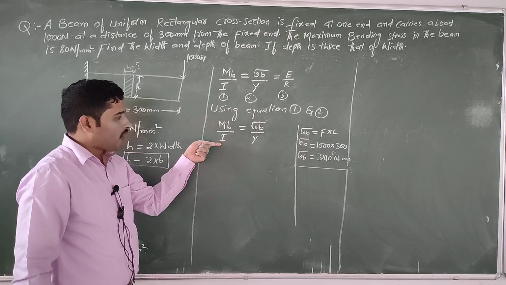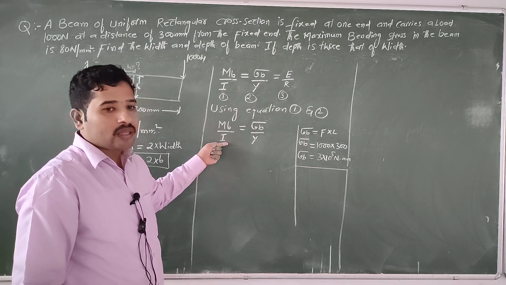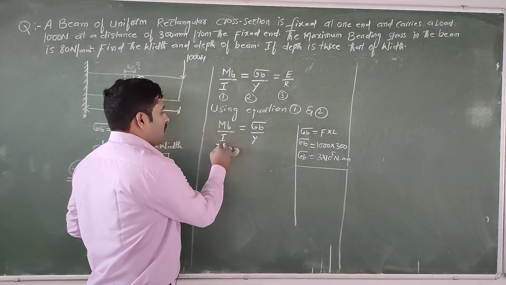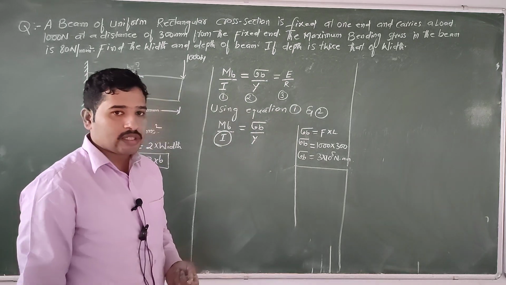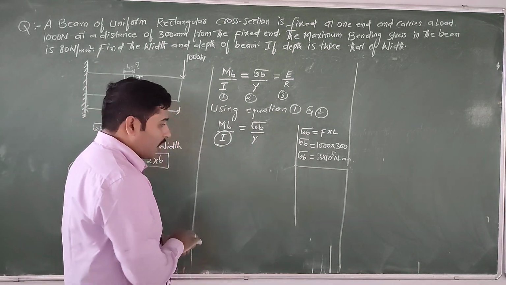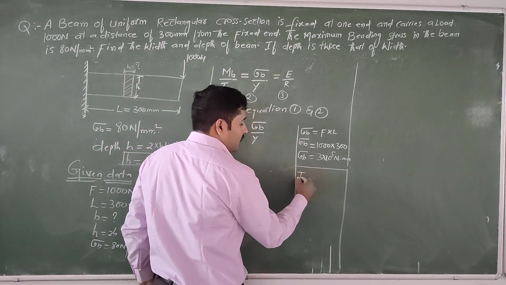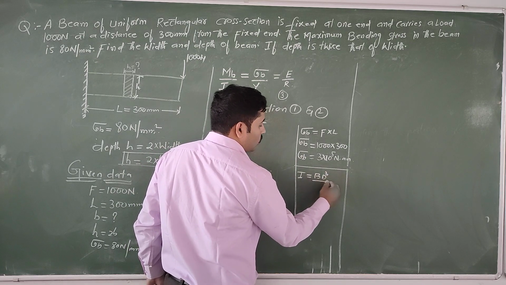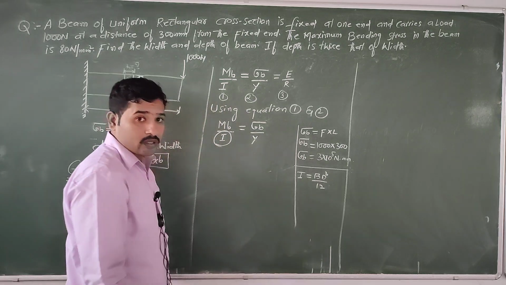Again, what we need to find out? We need to find out the mass moment of inertia of a beam. Then how to find it? I is equal to B D cube by 12. We have the formula. Is it right?